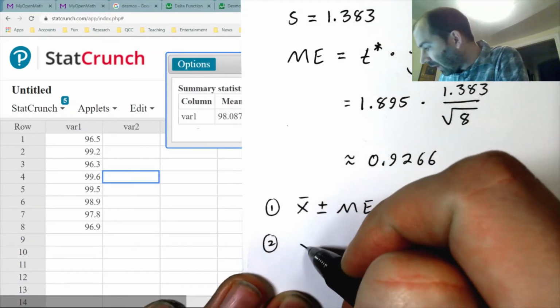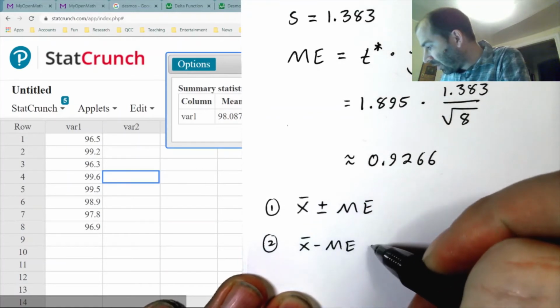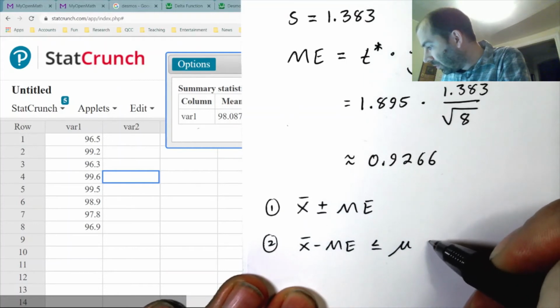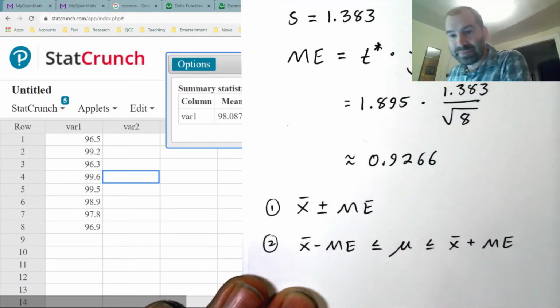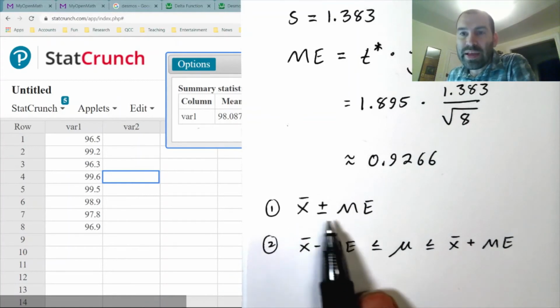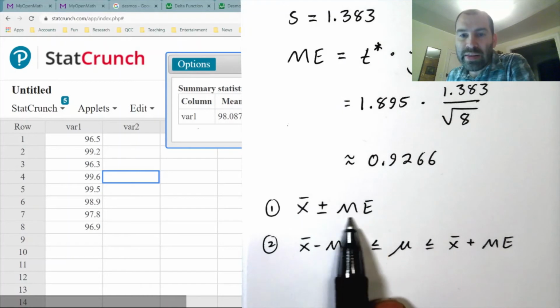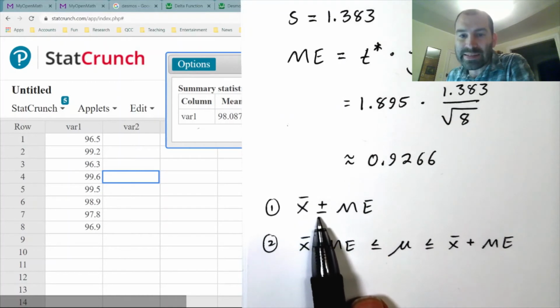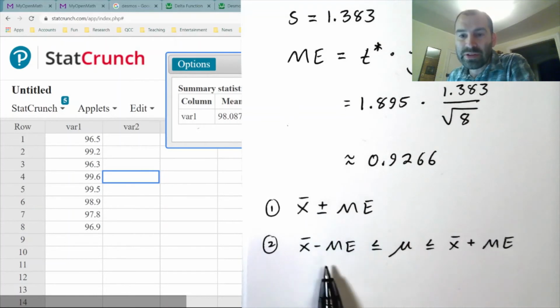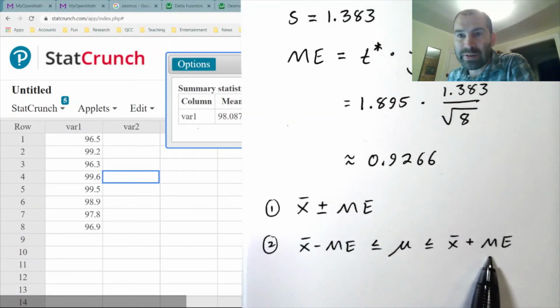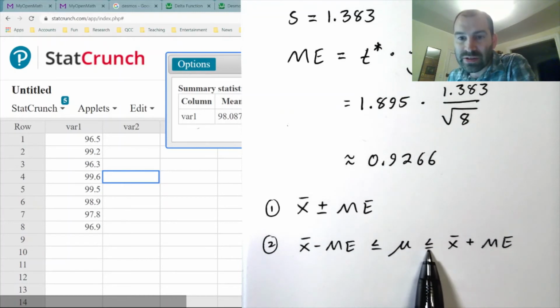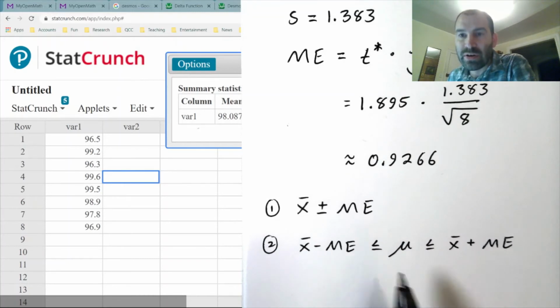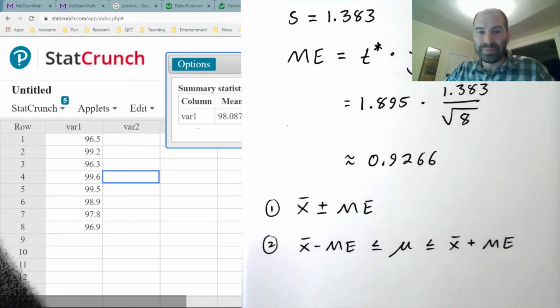So we're going to put x bar minus the margin of error is less than or equal to mu is less than or equal to x bar plus the margin of error. That's what this means. We think that the real mean is somewhere in this range, between x bar minus ME and x bar plus ME. So this is just being a little bit more explicit about that, saying that we're actually thinking the mean is between these two things. Between is denoted using these inequality symbols.